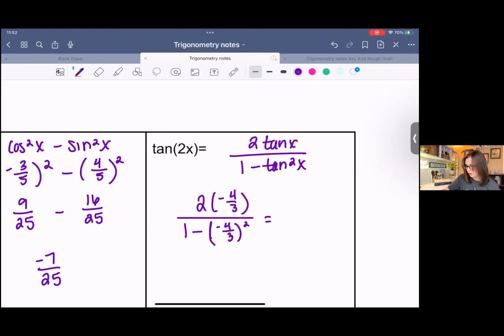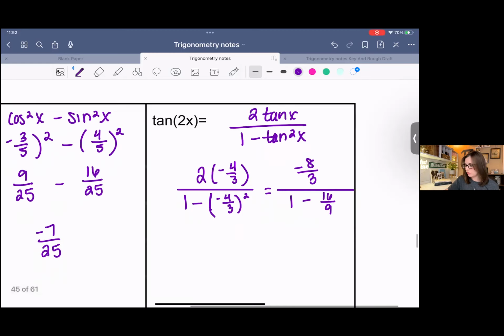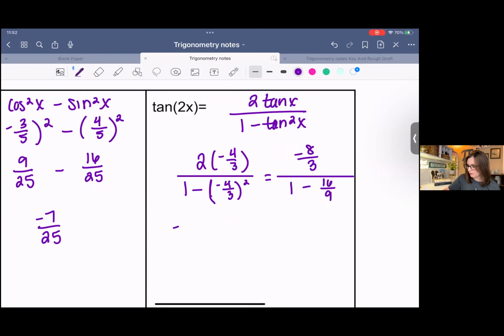Now multiply out, I get -8/3 over 1 minus +16/9. In the denominator, I'm going to have to do some simplifying. I've got -8/3. That's going to be 9/9 minus 16/9. So that's -7/9. Then simplify even more.